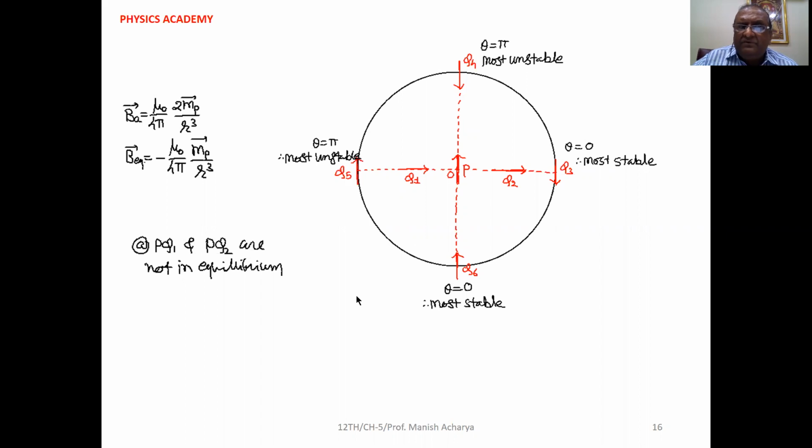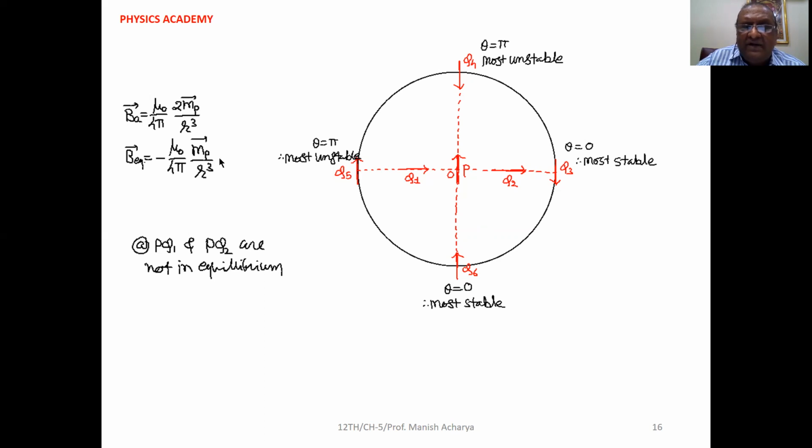Now see here, PQ1 and PQ2 are not in equilibrium because of the magnetic field on the equatorial line. This is the equatorial line for P. So the magnetic field of P at any point in the equatorial plane is vertically downward.